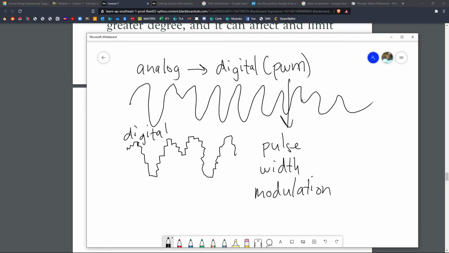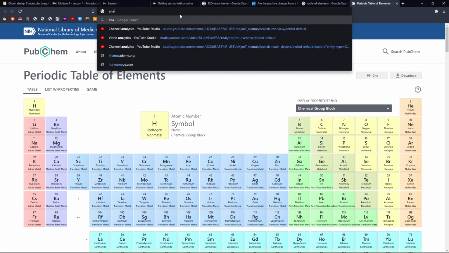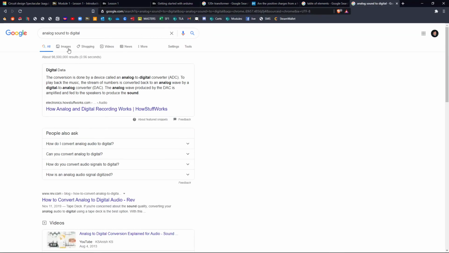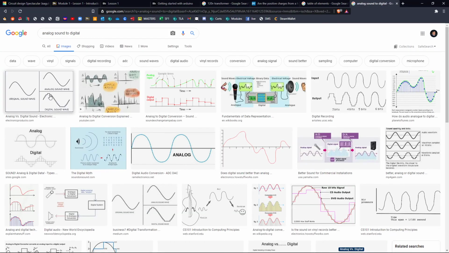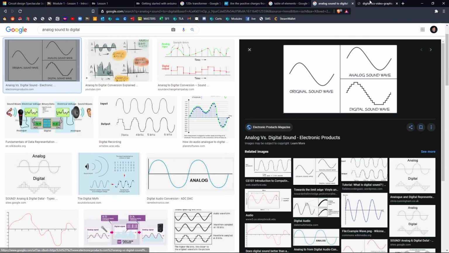Teka lang, tignan natin kung may example ba sila ng analog sound to digital. Para lang makita nyo yung visualization ko. So, ito. Ayan ha. Pangit kasi drawing ko. So, ito yung original sound wave.